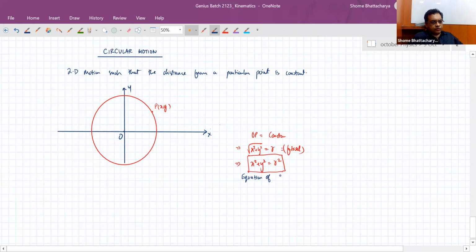So the equation of the circular trajectory, or the circular path. Every point on the circle satisfies this equation, that x square plus y square is equal to r square. Now, from a kinematics perspective, for such a motion, we can say that at any instant the position vector has a constant magnitude.